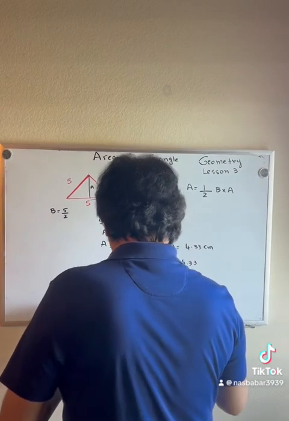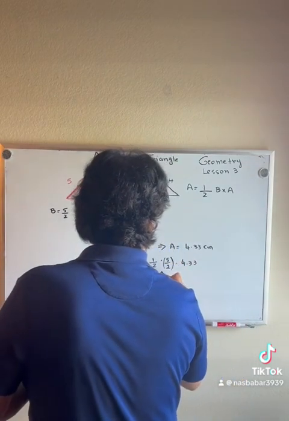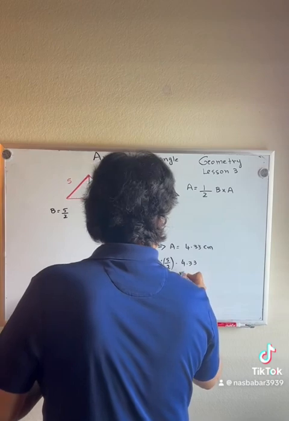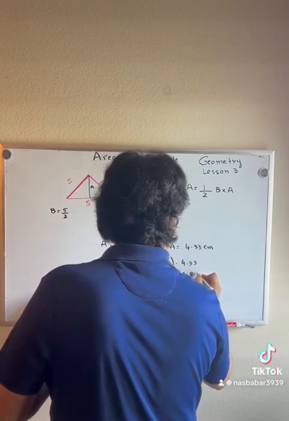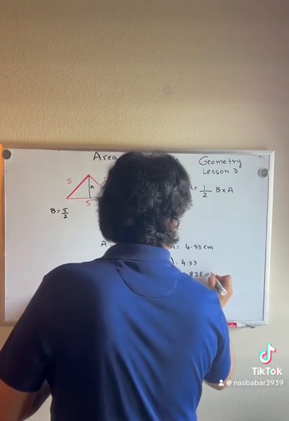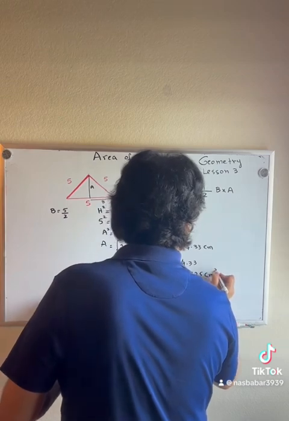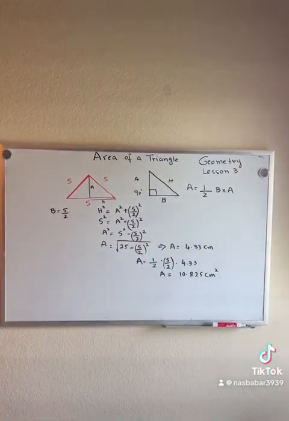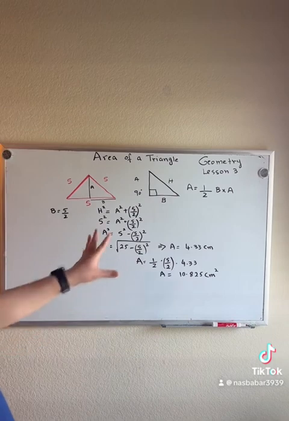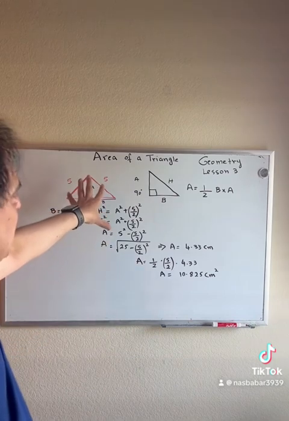If you solve this, you will get area is equal to 10.825 centimeters square. Gosh, that was a lot of work just to find the area of this equilateral triangle, right?